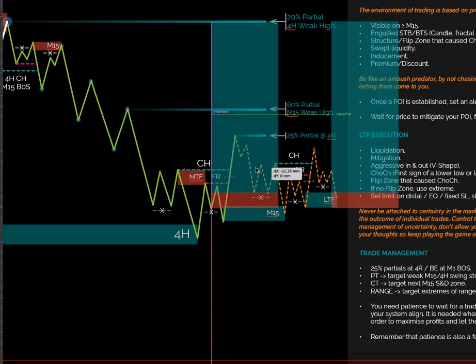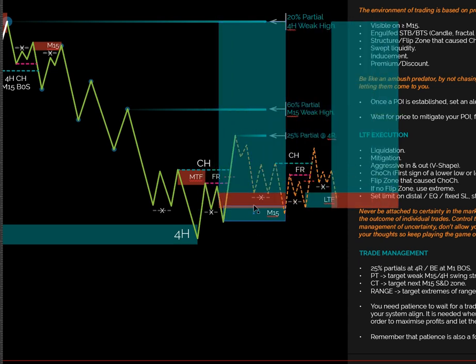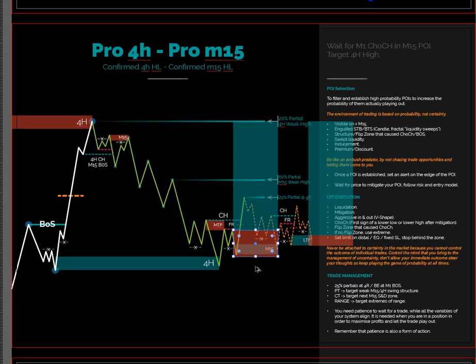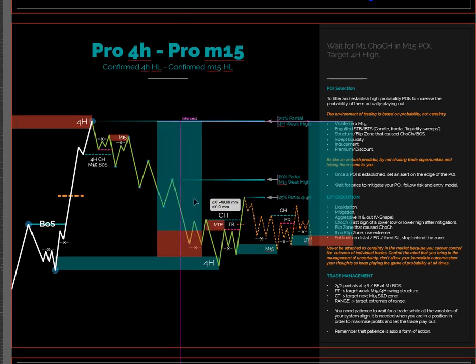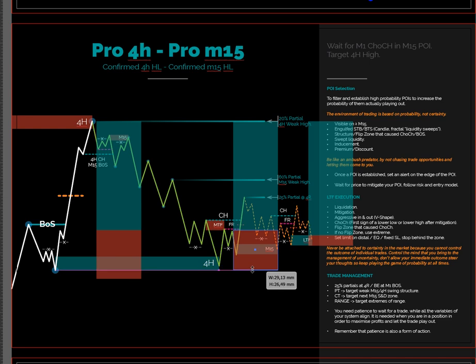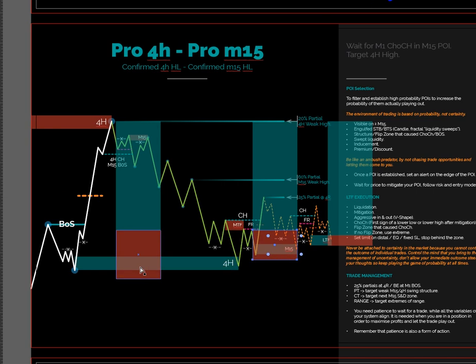Let me just try and repeat that. I just want you to see the difference. Trading one setup, your stop loss would be behind your zone, right?